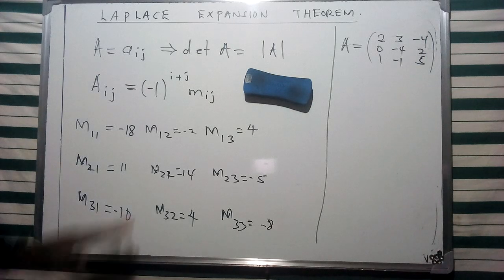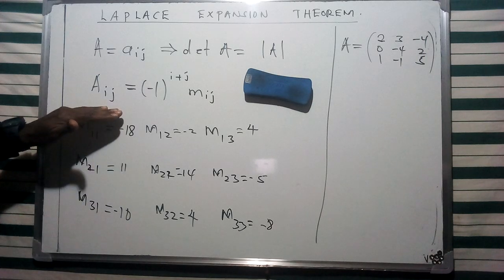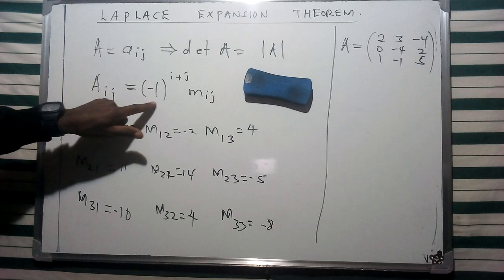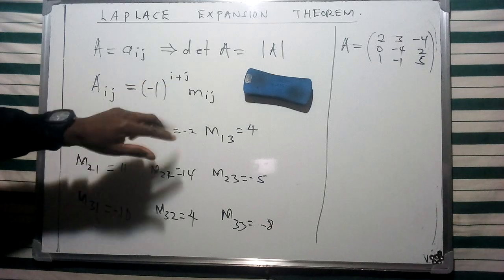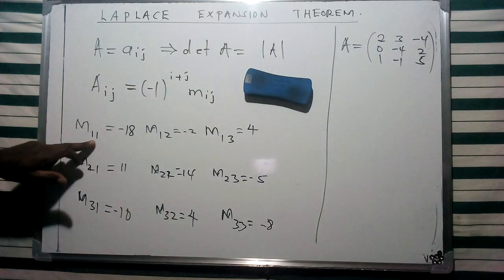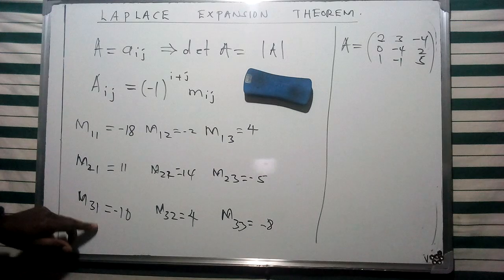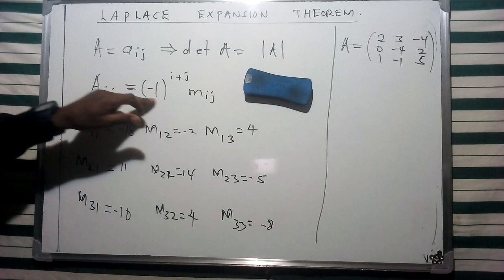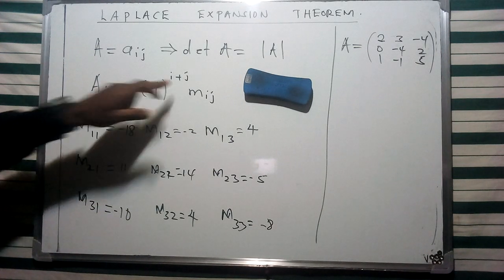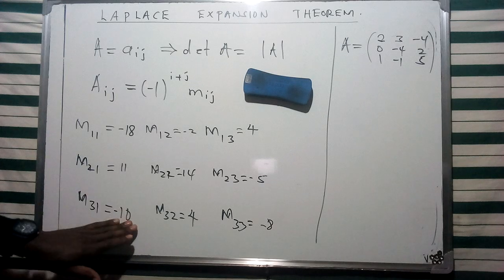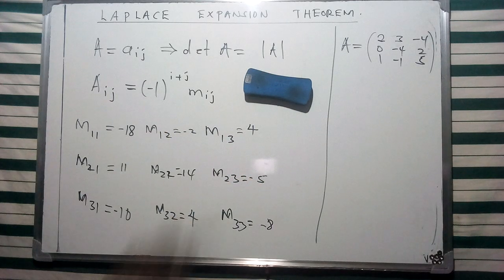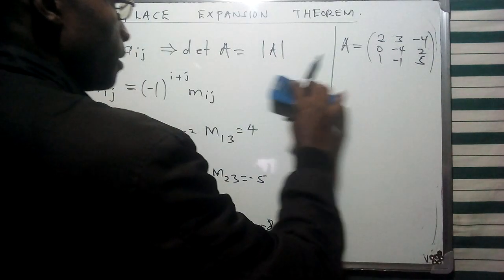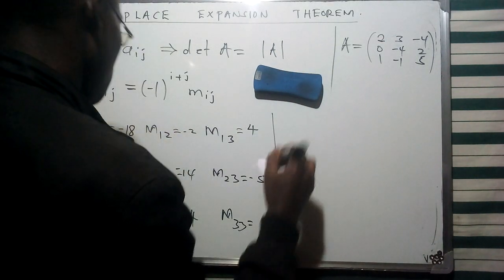For us to obtain the matrix of cofactors, we're going to factor in the number negative 1 raised to the power i plus j. So the sum of i and j is going to constitute these numbers, and the factor that you obtain by raising negative 1 to that sum is going to influence the various cofactors that you are going to obtain.